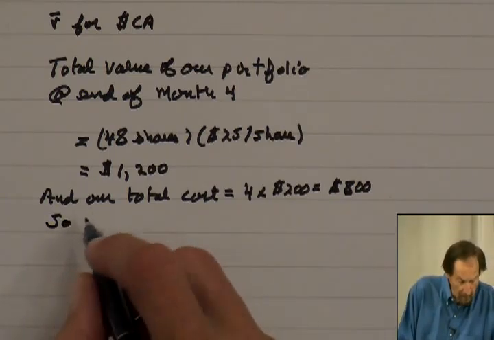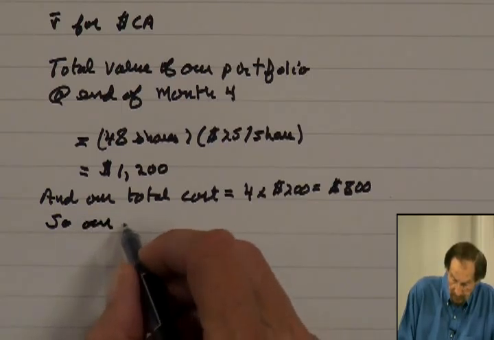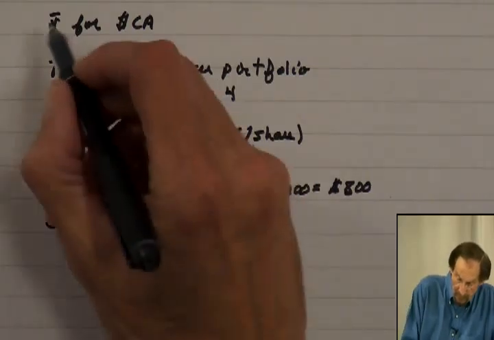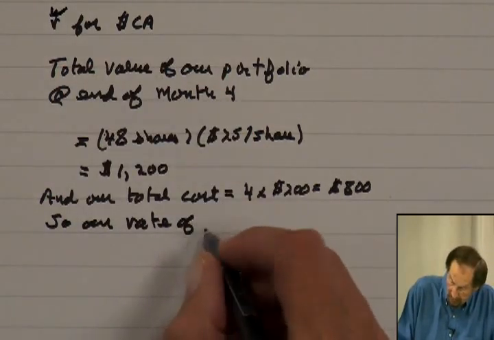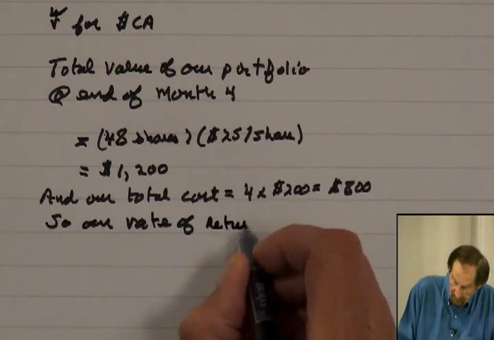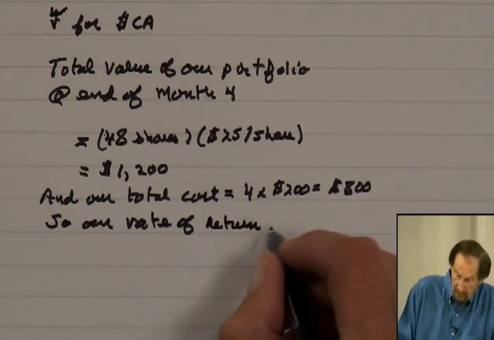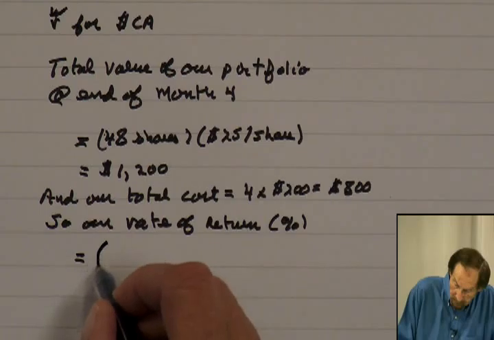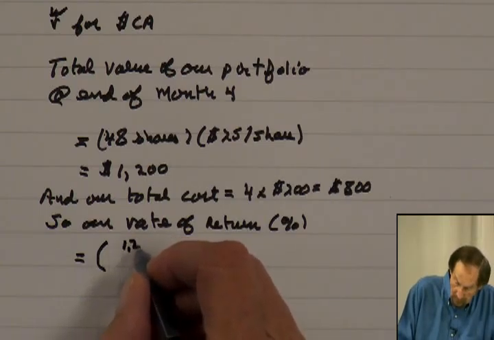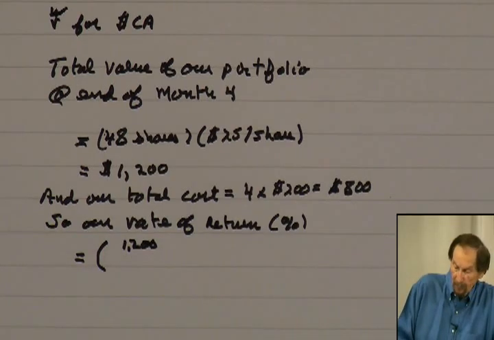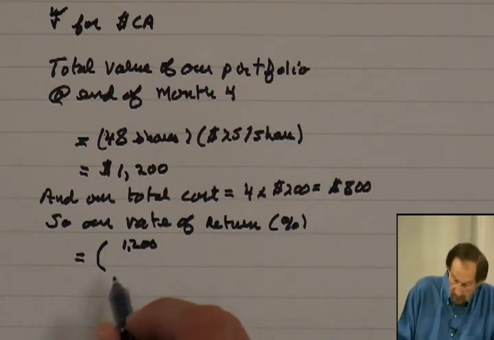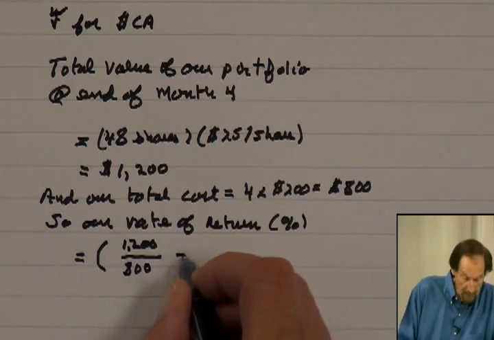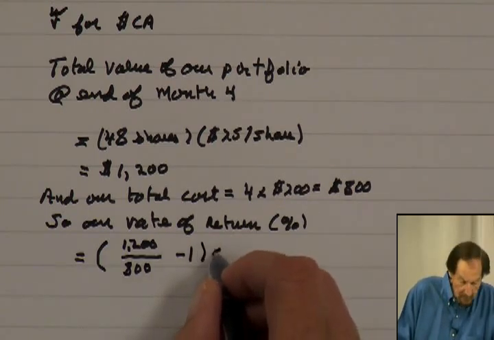So our rate of return in percentage is the following: what it's worth, the worth of our portfolio, $1,200, over the amount we spent, minus 1, times 100.